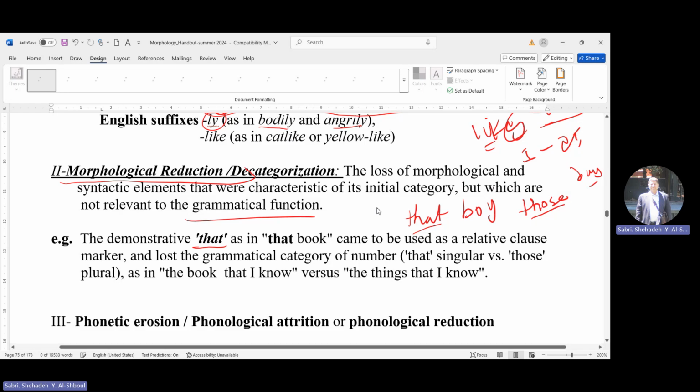So that and those, okay? So here, the demonstrative pronoun that has undergone a kind of grammaticalization to become a relative clause marker or a relative pronoun.